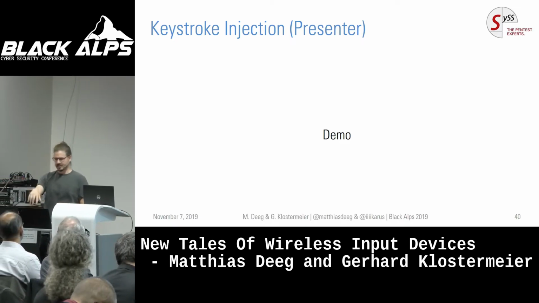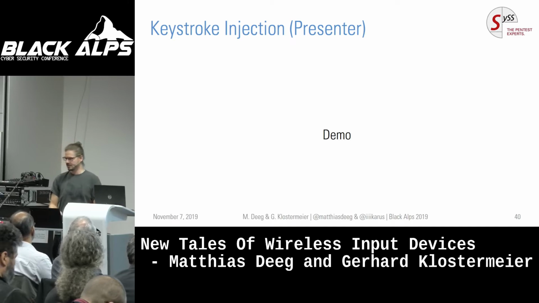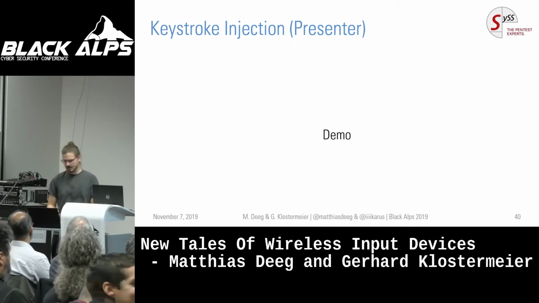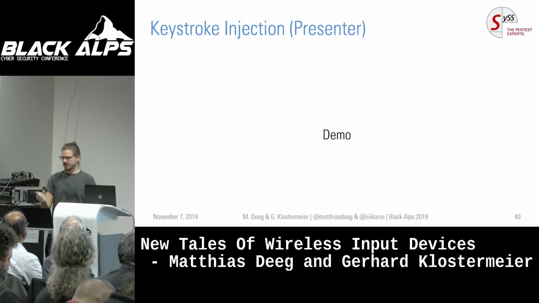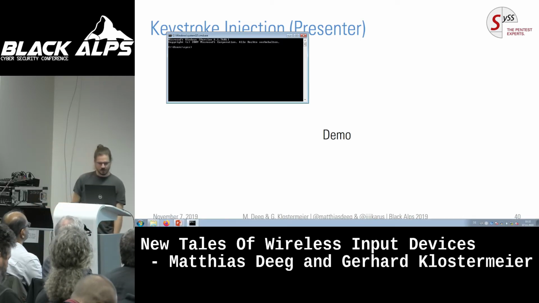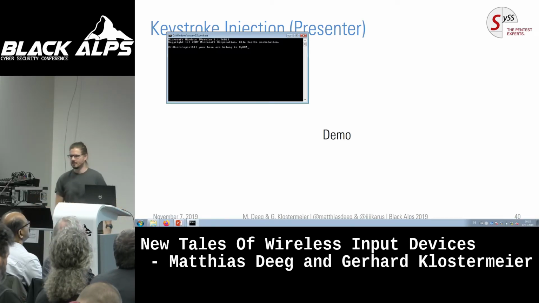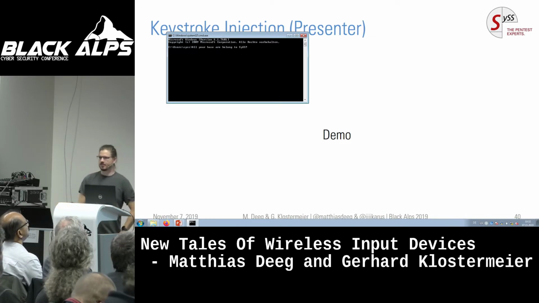And this is just an attacker PC, not really interesting to see. Just a command line tool I can start here that will find this device, emulate the actual presenter, and not just press page up and down, but other keys. And let's see if it works. And as you can see, it just opened the command prompt and typed something in, just as a proof of concept. Of course, you can change it to whatever you want, download and execute.